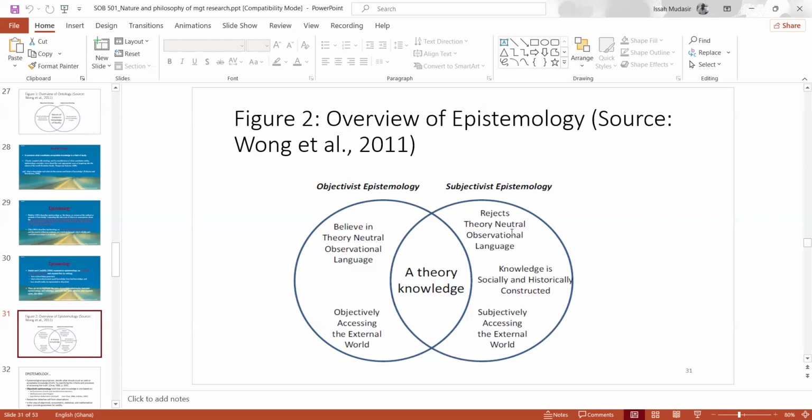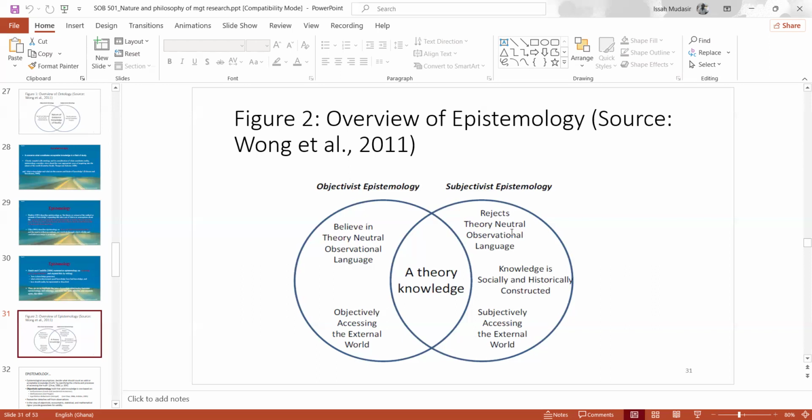So we say that theory-neutral observational language, the perceptions of the researcher do not come into play. We allow reality to speak for itself in the research process. In that case, the researcher is seen as an objective investigator. He does not impose his biases, his views on the research, but allows what exists in nature to determine the research outcome.